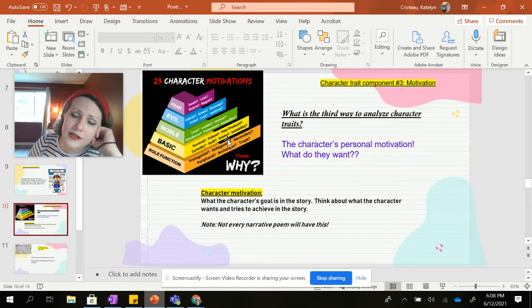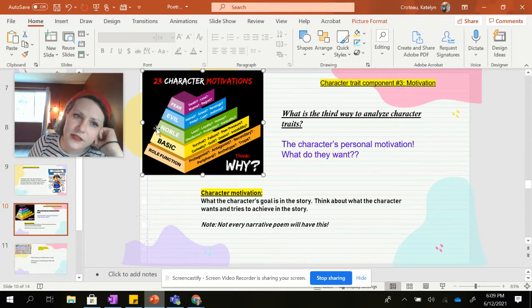Maybe they want something like to marry a specific girl. That happens a lot in Disney movies, right? They're motivated by their desire for that person. Instability. Maybe they're really unstable, and so that's the thing that drives them. Maybe it's more noble, like love or loyalty or honor or protection.